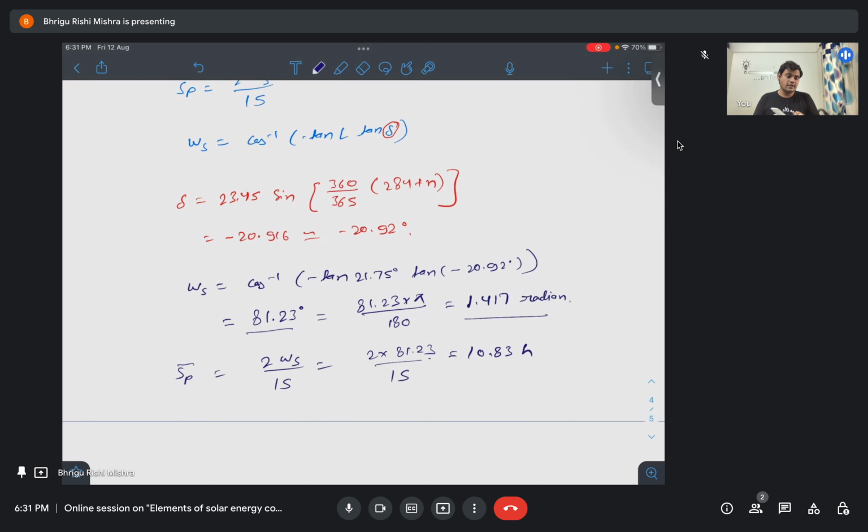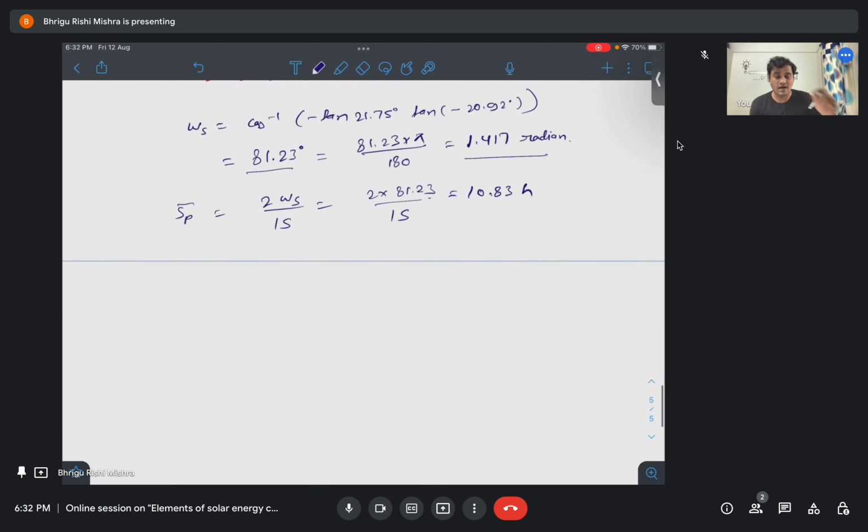So 10.83 is the maximum average monthly sunshine hour for the month of January. Please note that it is a sunshine hour, that means the maximum time the sun will be in the sky, the time duration between sunrise and sunset. That is what S P represents, in hours.